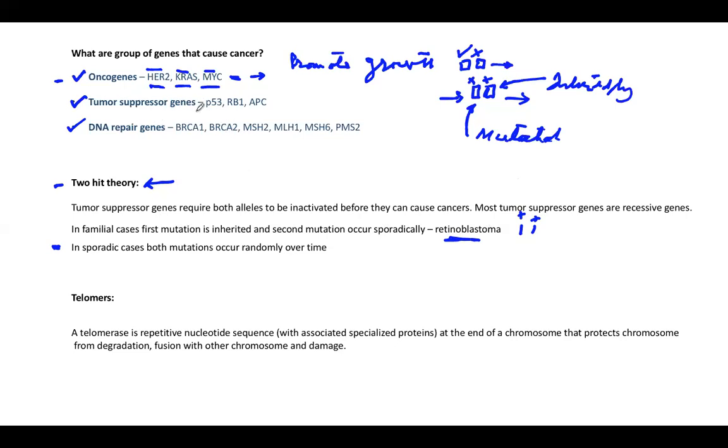So what are the tumor suppressor genes? P53, retinoblastoma, adenomatous polyposis coli APC gene, and there are some DNA repair genes. These repair DNA, like BRCA1, breast cancer 1, breast cancer 2, MSH2, MLH1, MSH6.